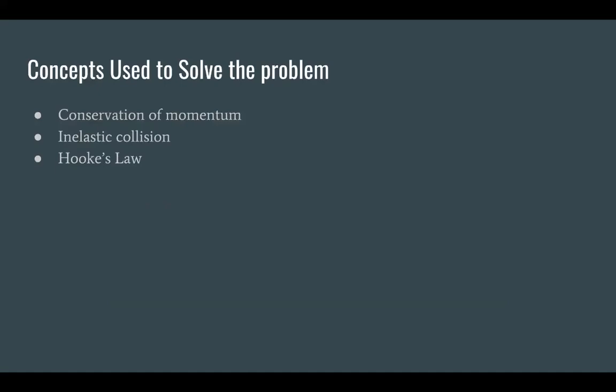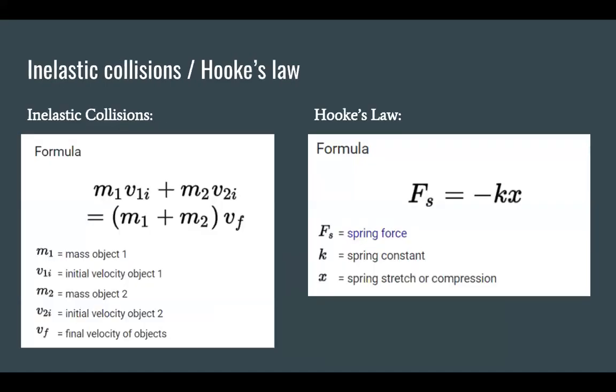Concepts we used to solve this problem were the conservation of momentum, inelastic collisions, and Hooke's law. Starting with inelastic collisions, this is just a formula to show that in inelastic collisions, everything is conserved and it just rearranges the equation for two systems now working in one equation.